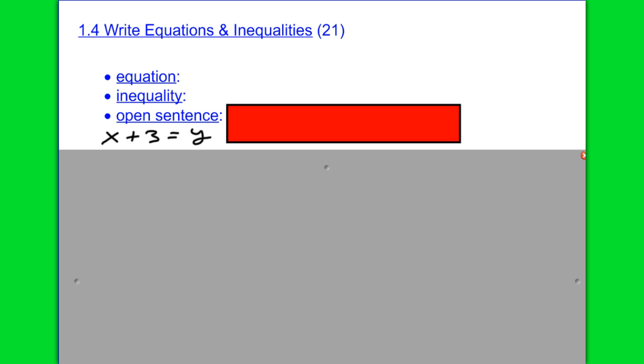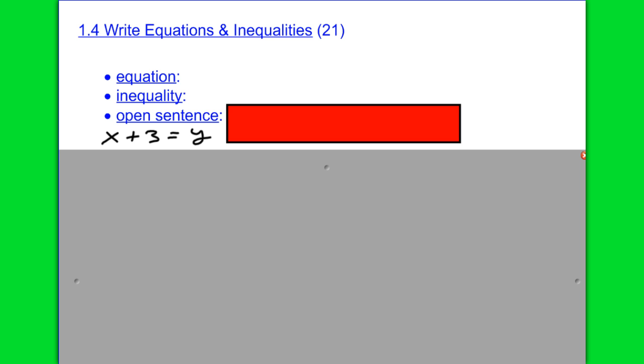So that's open to infinite possibilities. I mean, if I tell you right now that x is 1, then y would equal 4. But if I tell you that x is 100, now y equals 103. You see how we could just come up with infinite pairs of numbers that make this true.